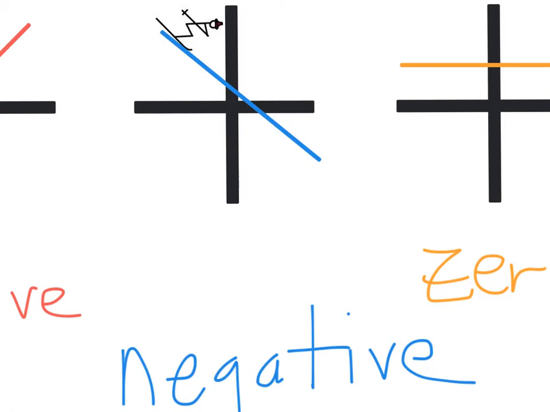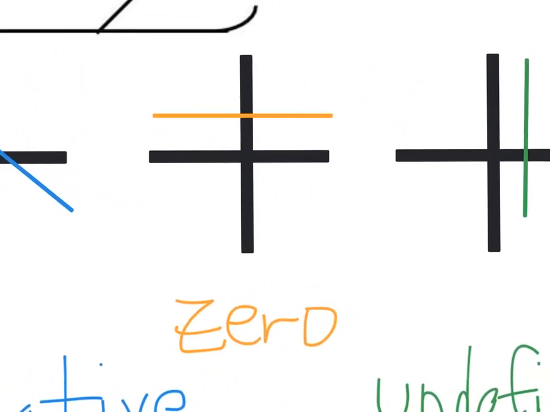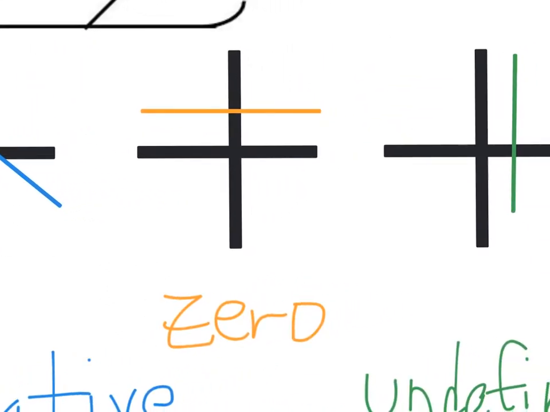That is a negative slope. Let's continue to move along, and let's look at our 0 slope. If we put a skier on this slope and try to move from left to right, he's not going anywhere. There is a 0 slope. Those skis are not going to move.